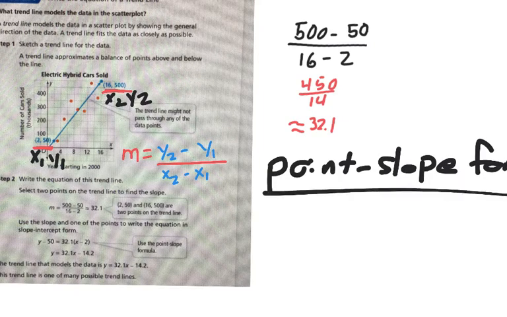Maybe, maybe not. Okay. So this is what point slope form looks like. So if you don't have this, you're probably going to want to write it down in your notes: y minus y1 equals m parentheses x minus x1.